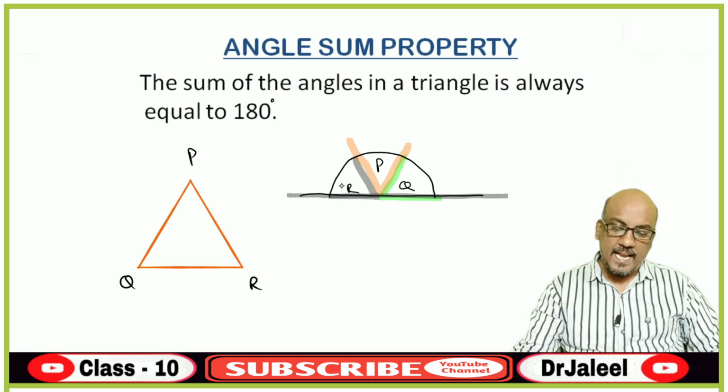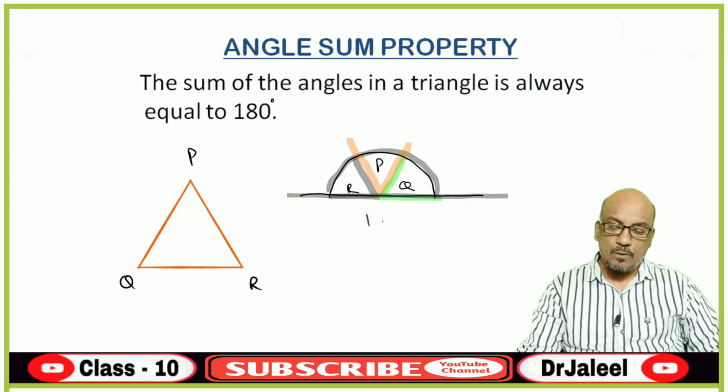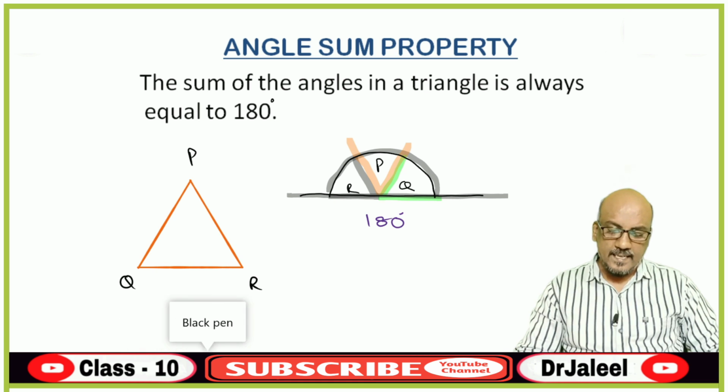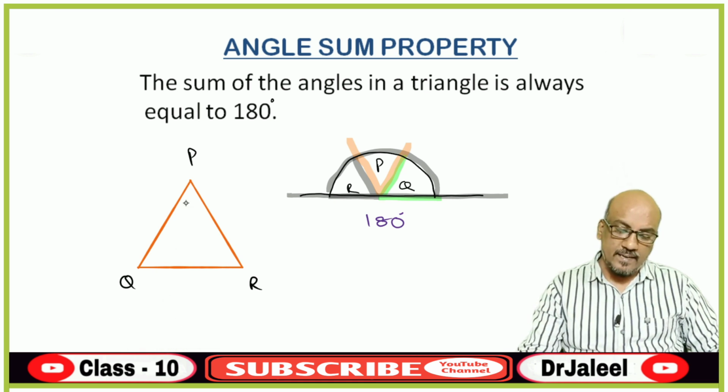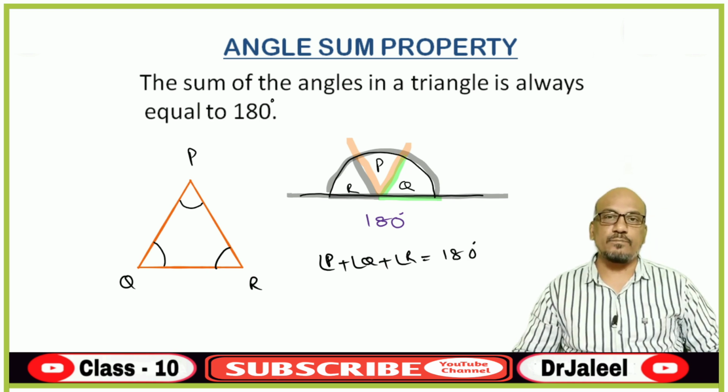Therefore, all three angles together are going to be 180 degrees. This is how we can understand that the sum of the three interior angles is always equal to 180. Symbolically, we can write it as angle P, angle Q, angle R together is equal to how much? 180 degrees.